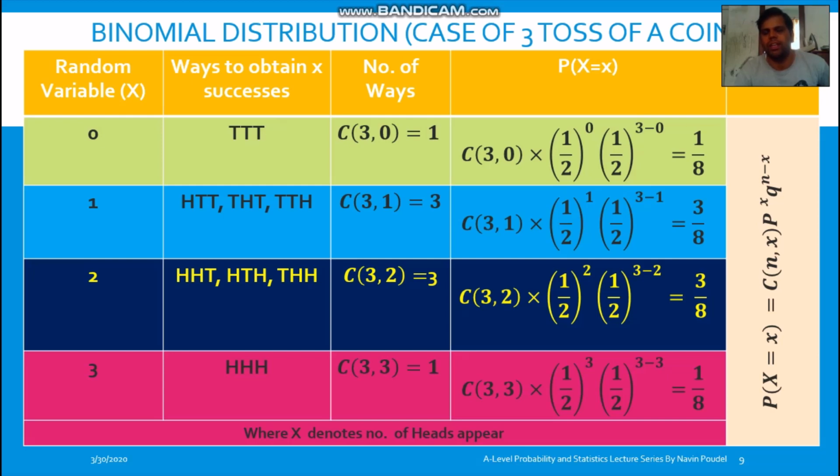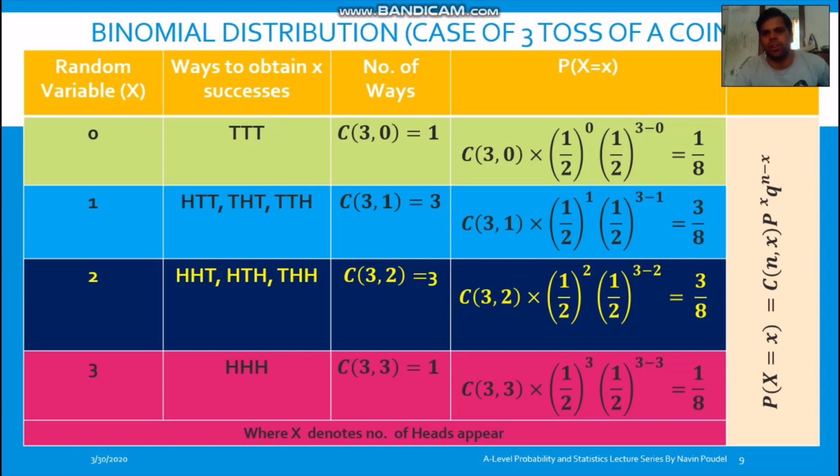Finally we come to the conclusion that in a binomial probability distribution which satisfies the above-mentioned 4 conditions, the probability of X equals x is the combination of n things taken x at a time, times the probability of success to the power x, times the probability of failure to the power n minus x.